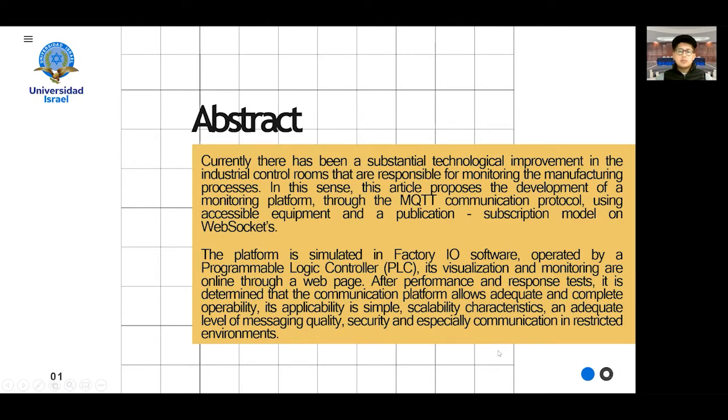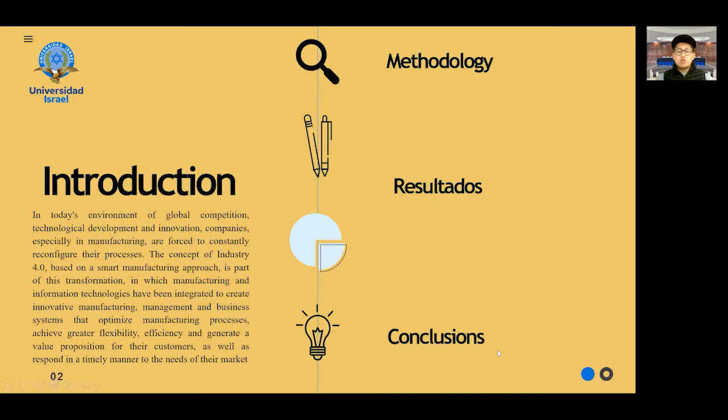Okay, so we present the introduction about this work. In today's environments of global competition, technological development, and innovation, companies, especially in manufacturing, are forced to constantly reconfigure their processes.